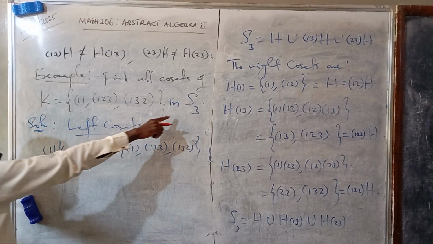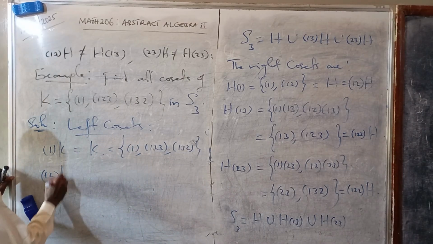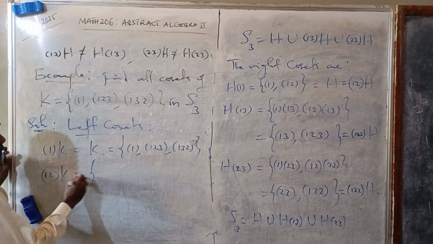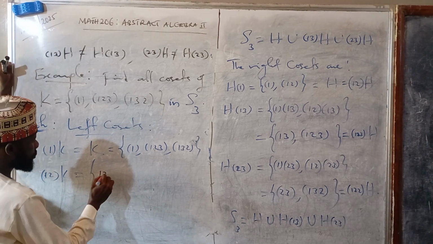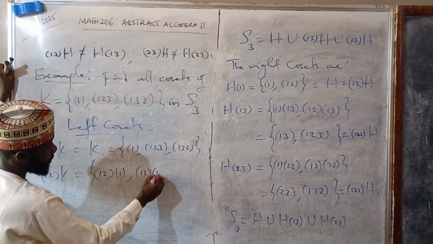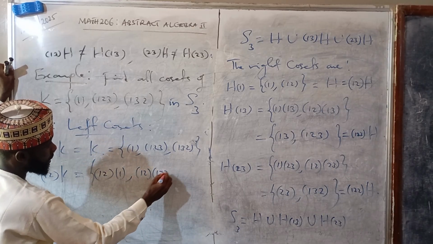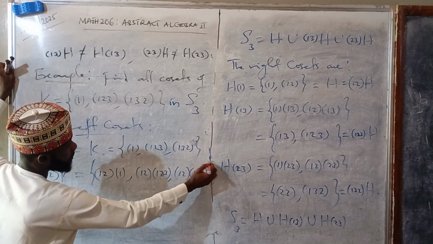So I pick an element from S3 different from these ones, like (1 2). And I use (1 2) to generate. Then I get what? (1 2)·1, (1 2)·(1 2 3), (1 2)·(1 3 2).